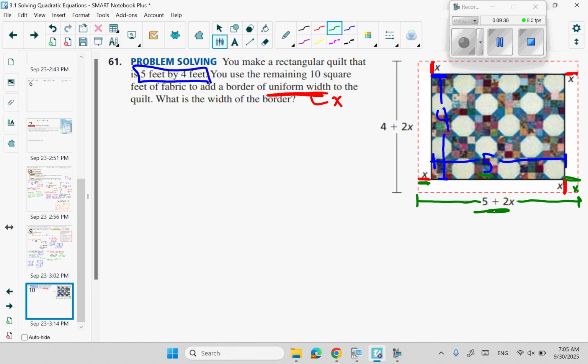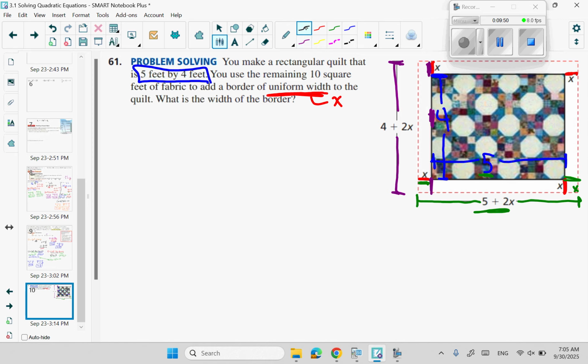So the entire length of that side now is 5 plus 2x. Following that exact same logic, this is 4, this is x, and this would be x. So that's why this entire length right here is 4 plus 2x.